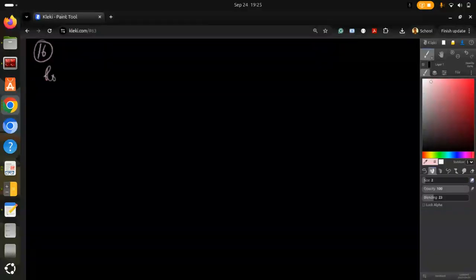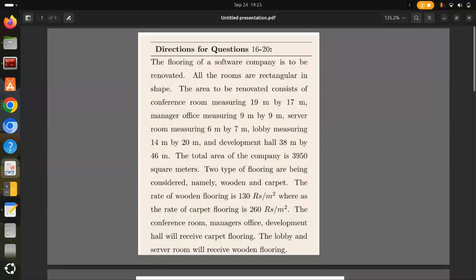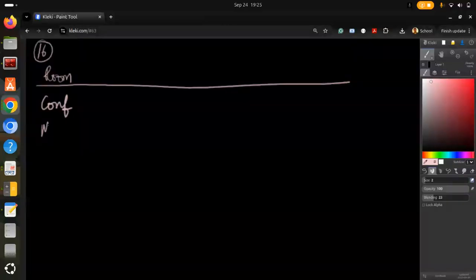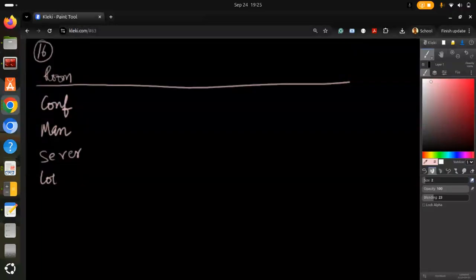Okay, so rooms. So we have conference, and what else we have? Manager's office, server room, and then lobby and development hall. Okay, so lobby, and I'll simply call it hall or development hall. So the room dimensions are given, length and width.